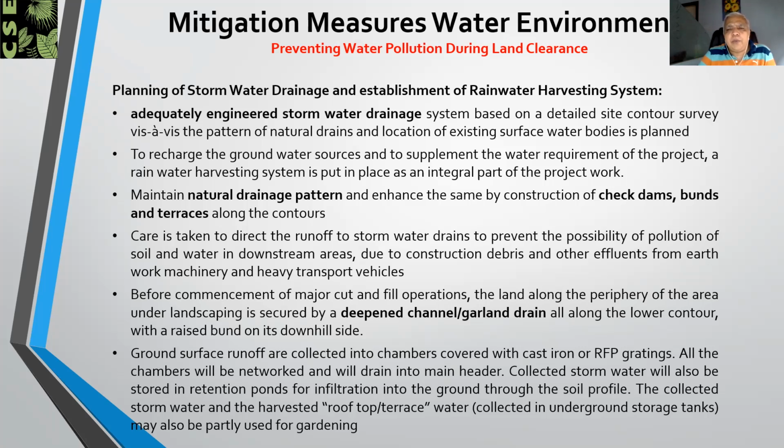In case our development is like a mine where we have to break the drainage pattern, then we have to take other steps like providing garland drains or deepening channels, which we saw in one of the earlier photographs, along the lower contour so as to reduce the water overflow into the other areas.